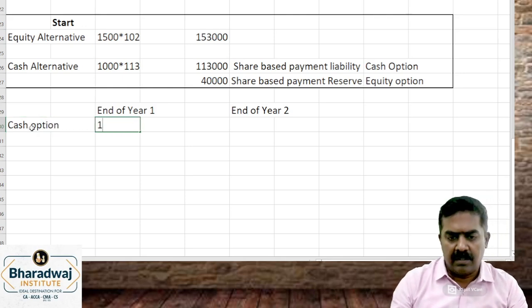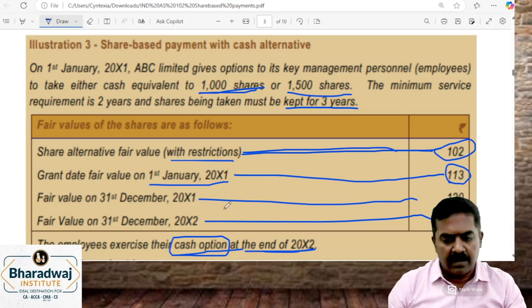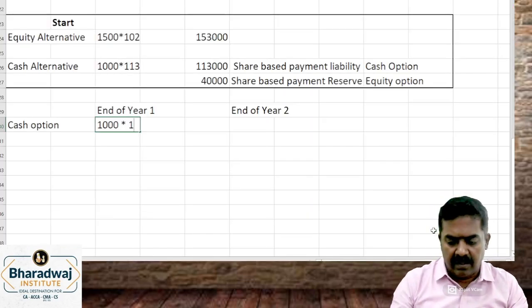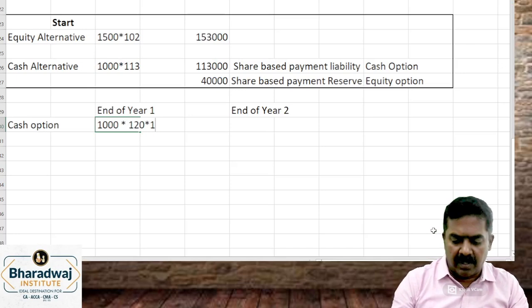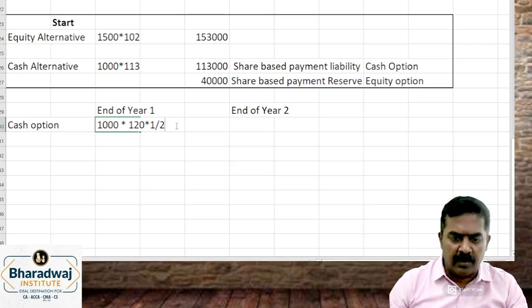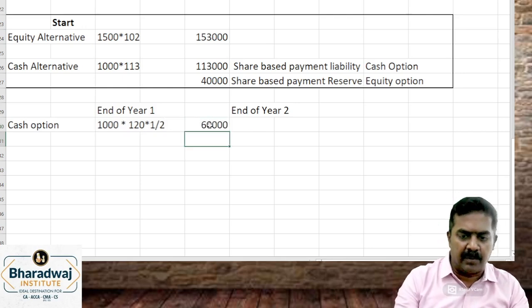For the cash option, 1000 into what is the fair value of the share? 120 into 1 by 2. You know why 1 by 2? The period of employment required is 2 years.